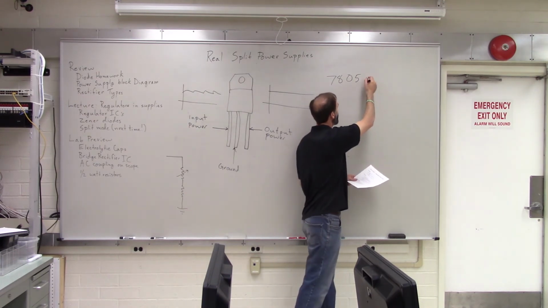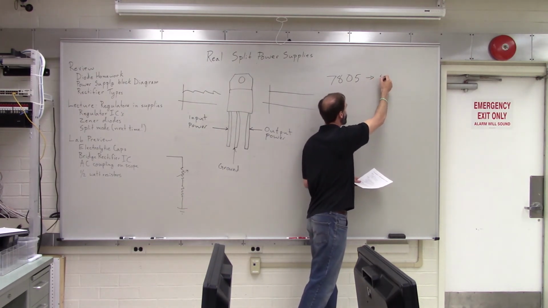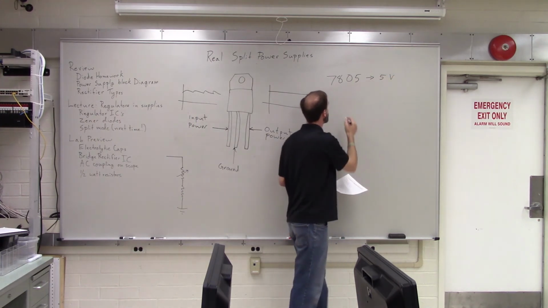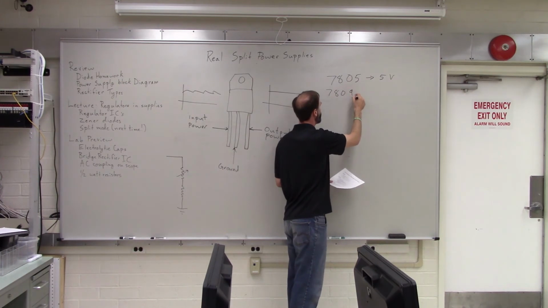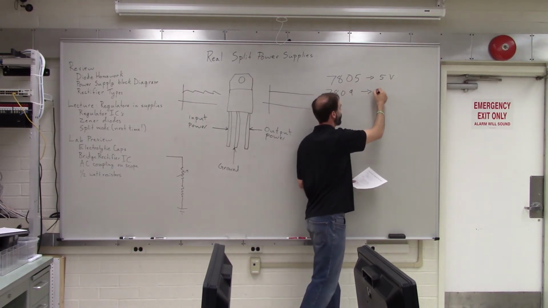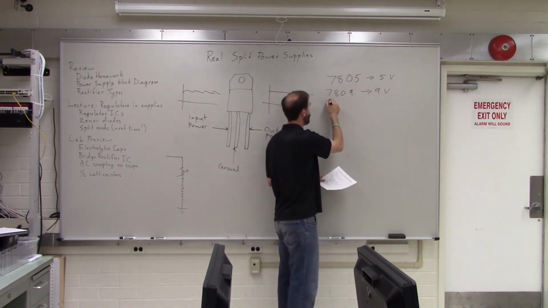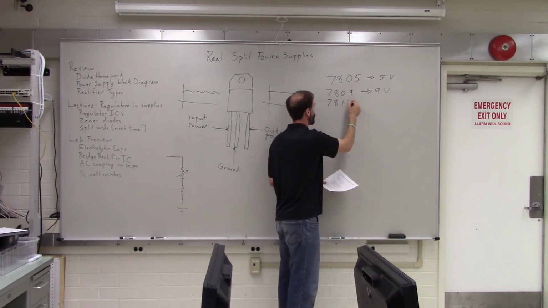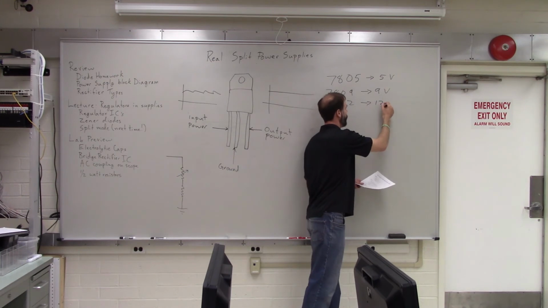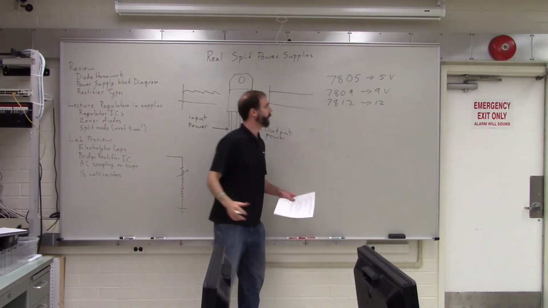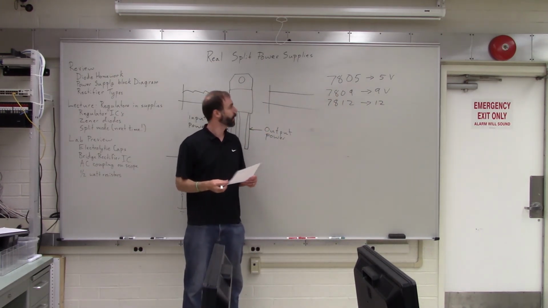If you got a 7805, that would be a 5-volt regulator. You got a 7809, that would be a 9-volt regulator. What do you think a 7812 would be? 12-volt regulator. So the last two numbers just specify the voltage that it has. Okay?